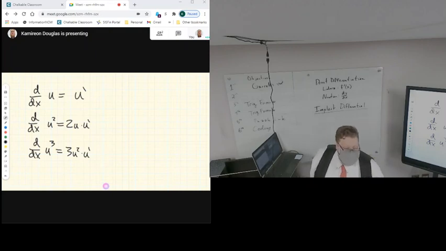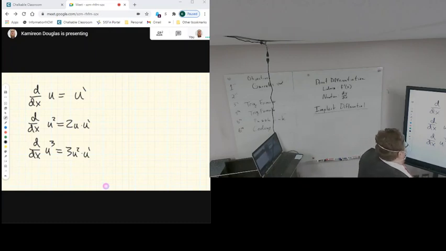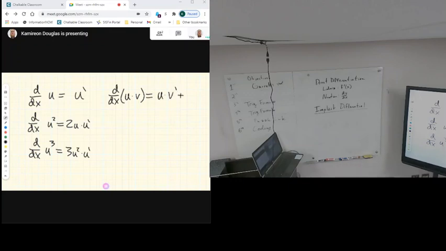Nothing changes, because x prime is just 1, and then I'd have x cubed becomes 3x squared times 1, the exact thing we've already discussed. Your basic products: let's say I take the derivative with respect to x of u times v. It's v left d right plus right d left.